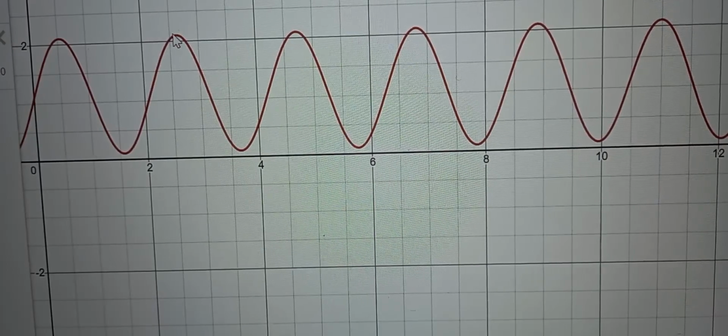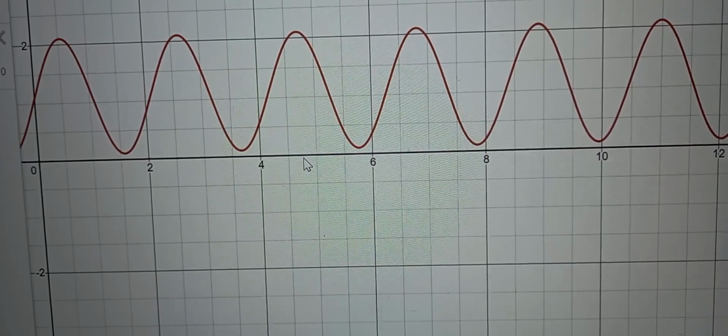That crest is at around 2.5, and this one is close to 4.75. So I can subtract those two numbers, 4.75 minus 2.5, and I get 2.25. So 2.25 meters is the wavelength of this.